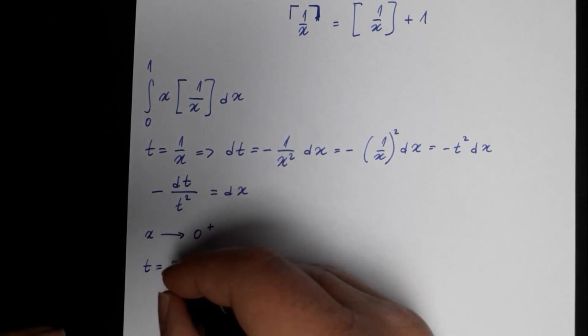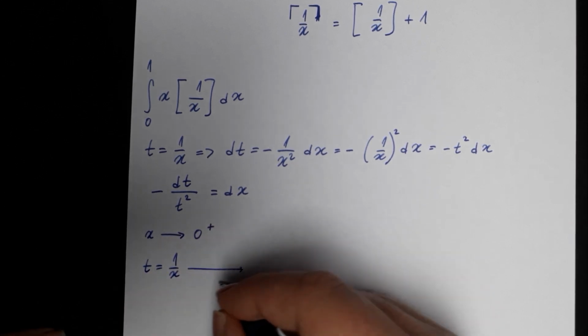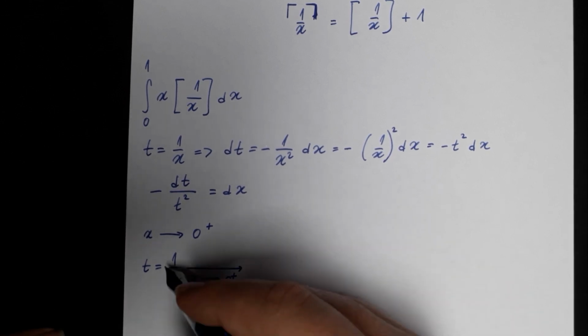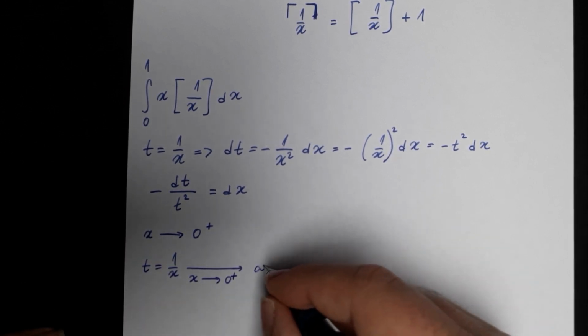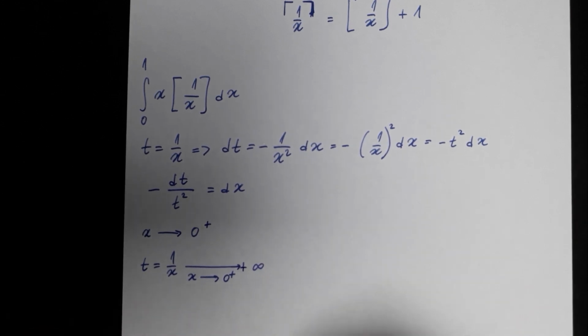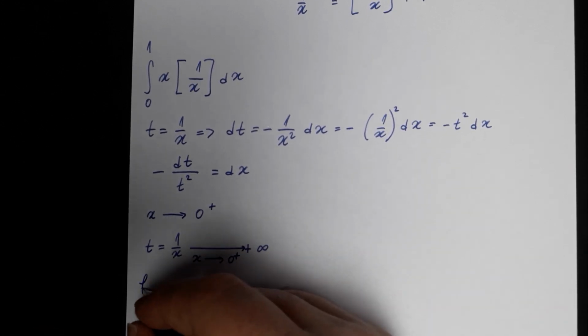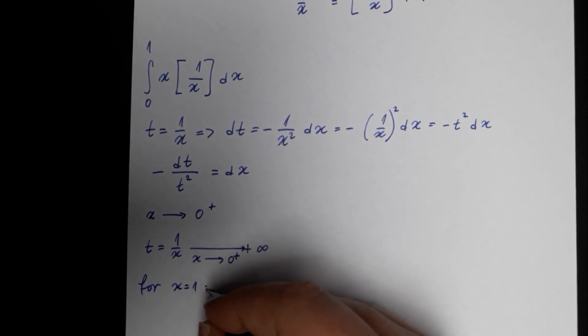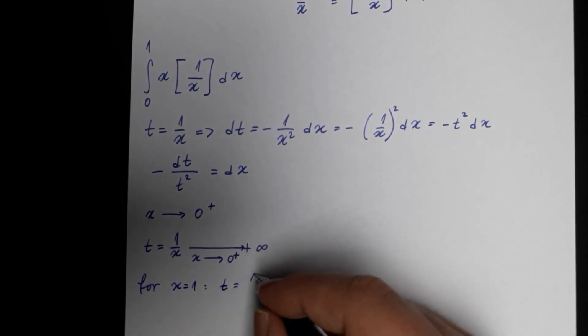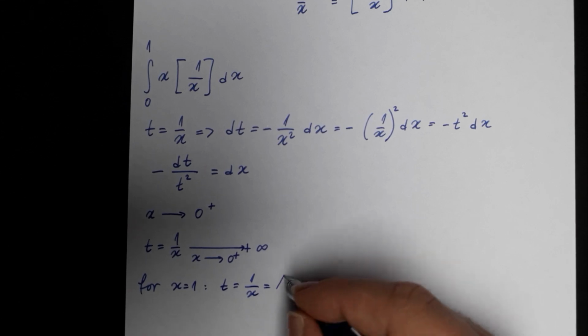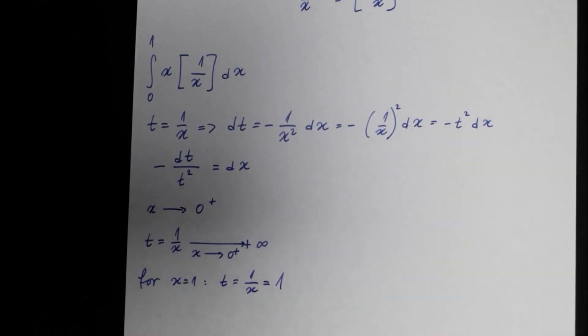As t is equal to 1 over x, when x approaches 0 from the positive side, t is going to approach infinity from the positive side. Now for x equal to 1, we have that t is equal to 1 divided by x, and that is going to give us only 1.